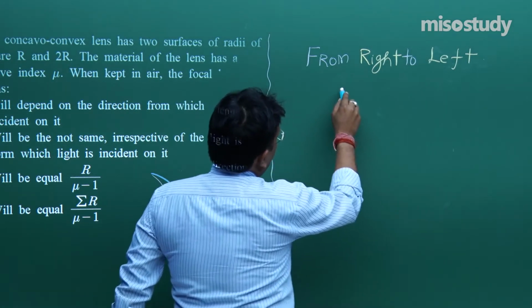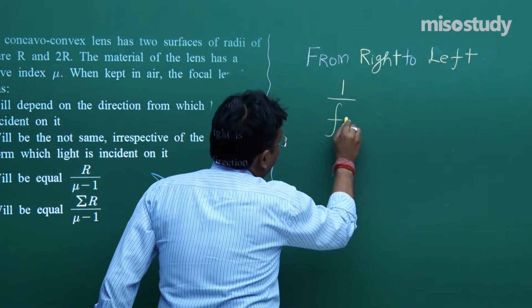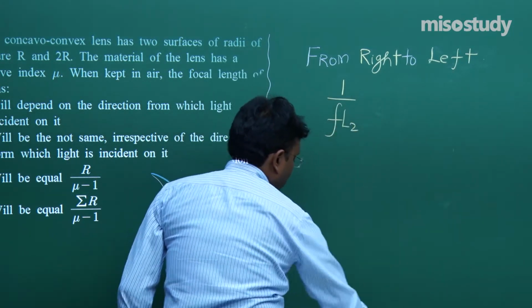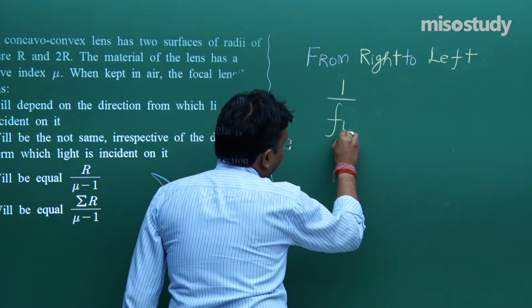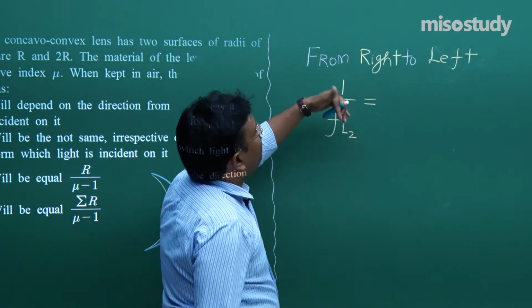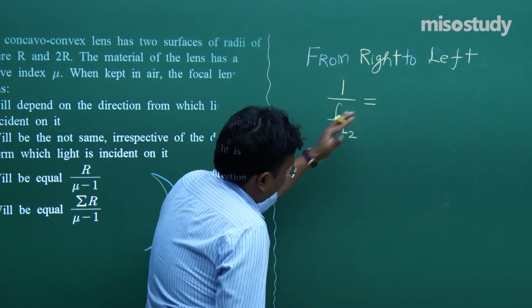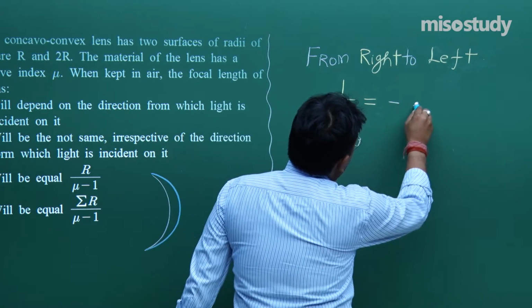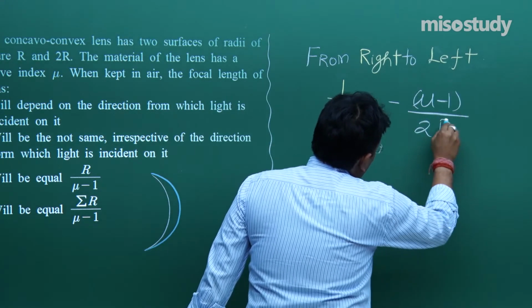Therefore this time 1 upon FL2 is equal to, ultimately, because I explained the formula, I will use the final result directly, that is minus mu minus 1 upon 2r.